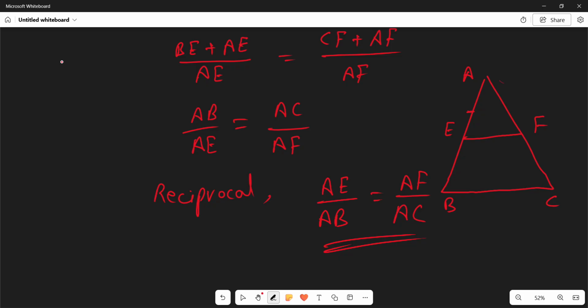AF is again the side of the smaller triangle and AC is the side of the bigger triangle. So I can take it as two different triangles, AEF and ABC. So I'm getting AE upon AB equals AF upon AC. This is what I'm getting.